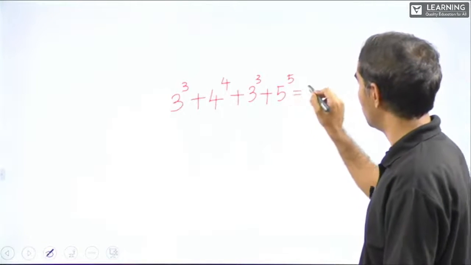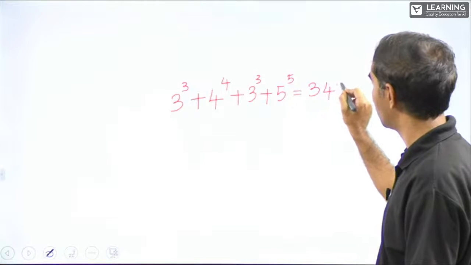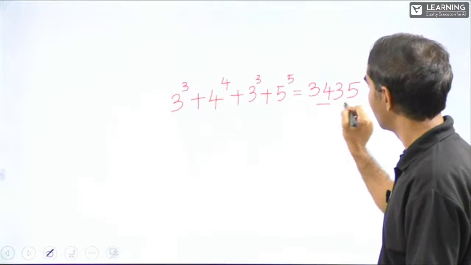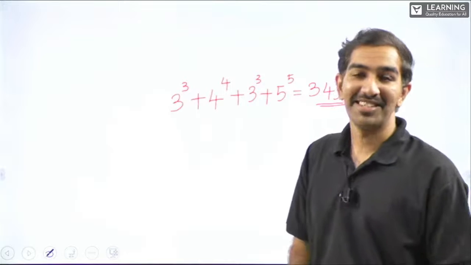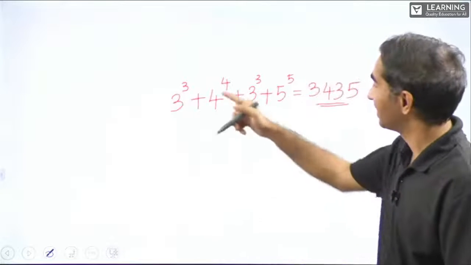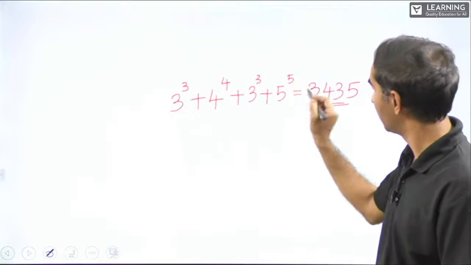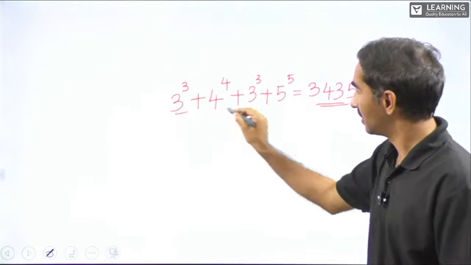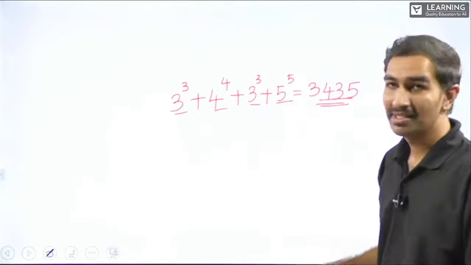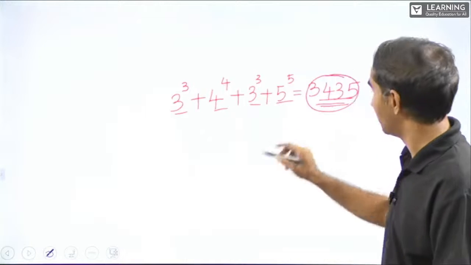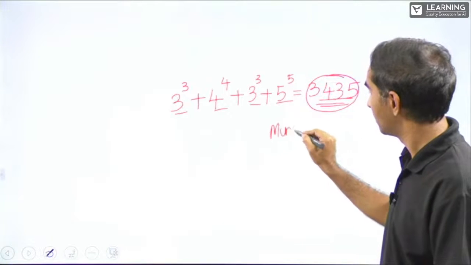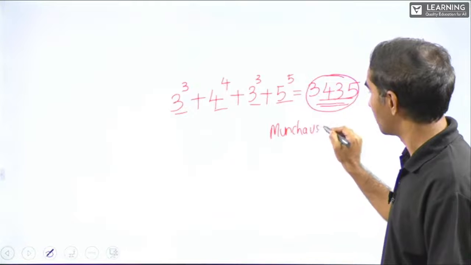This is equal to 3435. Got it? Very interesting, right? 3 to the power of 3, 4 to the power of 4, 3 to the power of 3, 5 to the power of 5 is equal to how much? 3435. Such type of number is called as Munchausen number.